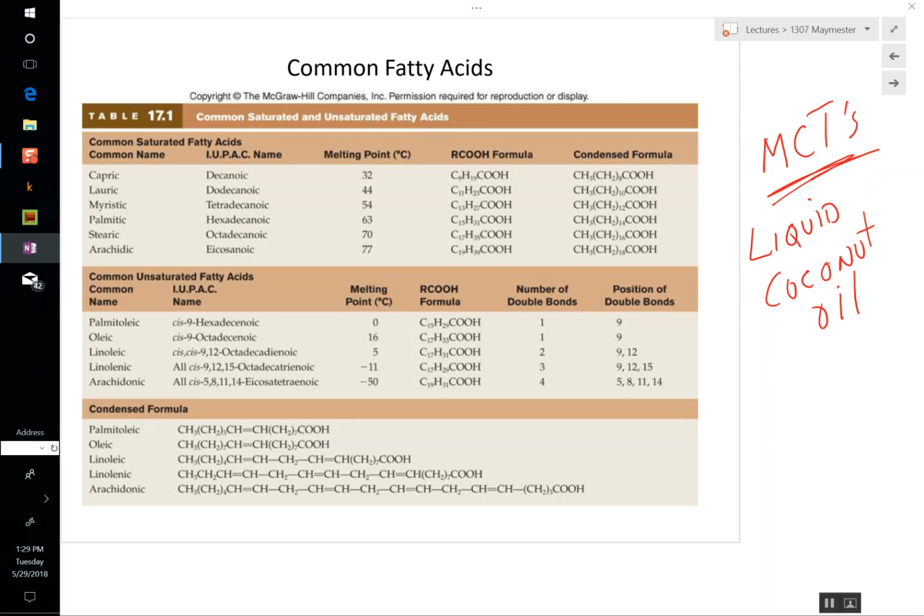So if you have an individual who can't eat and they're lacking energy, they're actually dwindling, you can supply energy by intravenous MCTs. Medium chain triglycerides. Medium chain means these smaller fatty acids are going to be on these triglycerides.